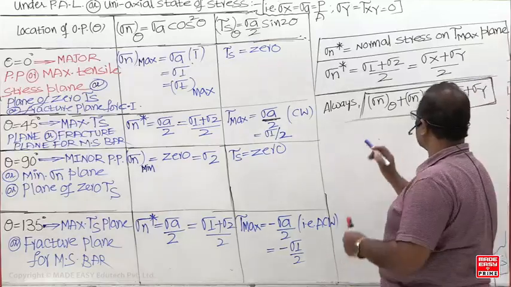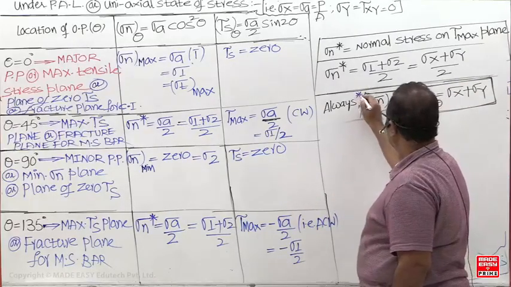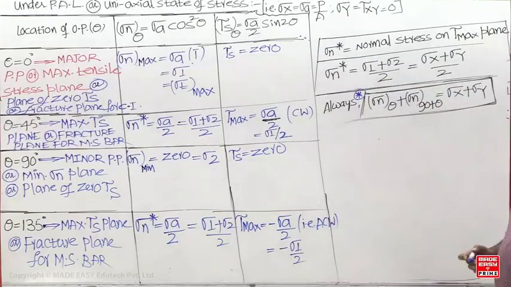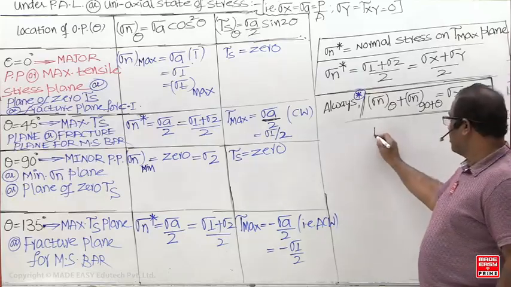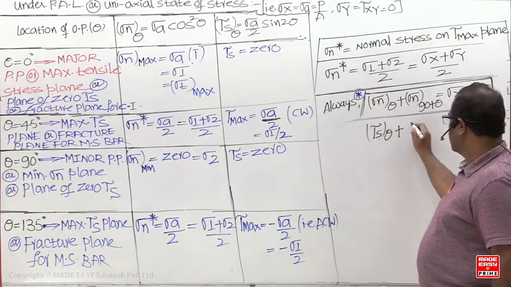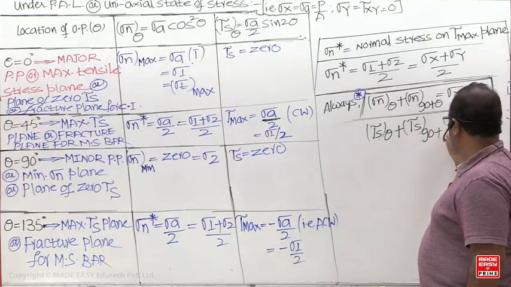So this is a very important conclusion. But similarly, what is written here now? The sum of the shear stress on two perpendicular planes is 0.